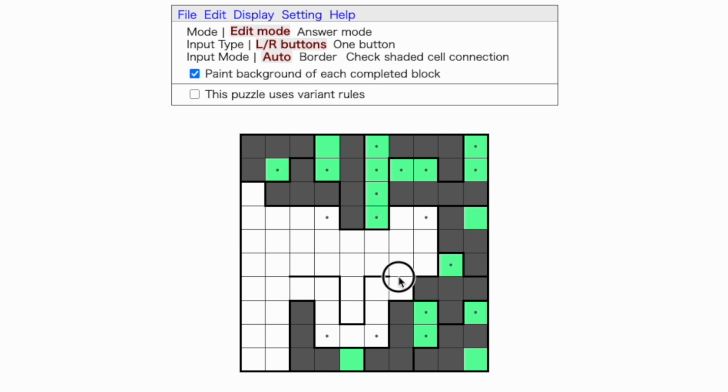This could actually go up even further because we can't put a shape here, because we'd have a 2 by 2. We could even go to here. That's actually kind of lovely. So these are all going to be out.